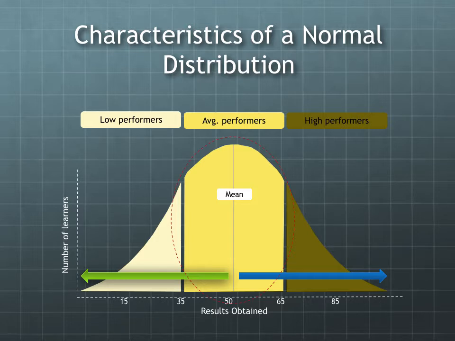About 65%, more or less, of learners should be achieving in that range. The third characteristic is that there are fewer scores as you move away from the mean in both directions. So there should be fewer learners achieving low results, and fewer learners achieving the highest results. Once again, most of the learners should be clustered around the mean.